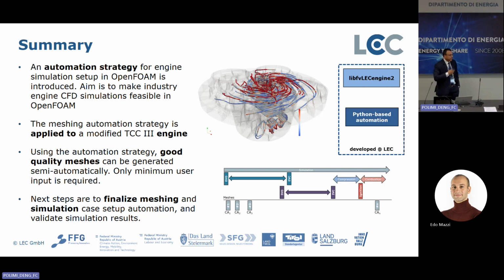So we want to make it easier and more accessible to different users in industry. This meshing automation was applied to the modified TCC3 engine, and with this we could achieve good quality meshes with the minimum input required from the user.